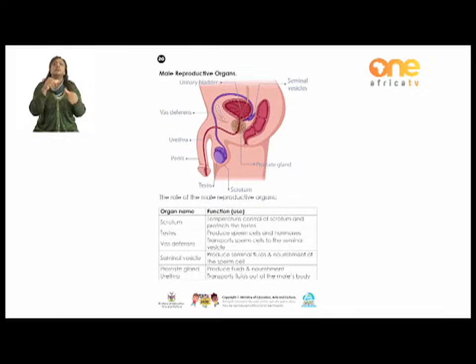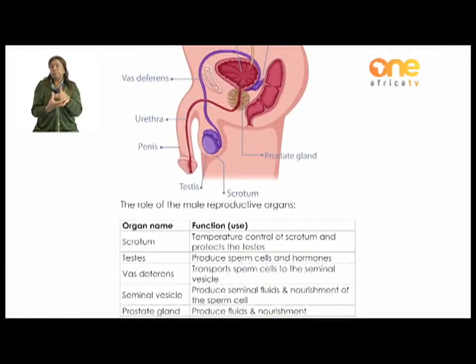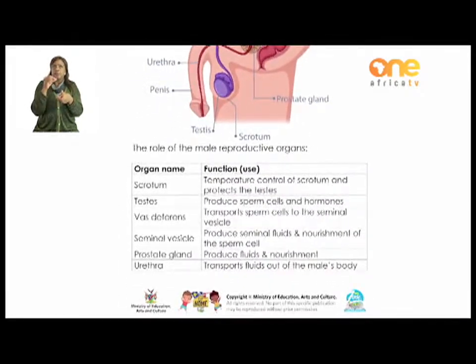Remember I said we start all the way from the bottom, at the scrotum, and inside the scrotum we have the testis, and from the testis there is a tube connecting called the vas deferens, and from the vas deferens we have the seminal vessel, and from the seminal vessel we go into the prostate gland, and from the prostate gland we have the urethra, which is housed by the penis. Please do not get confused with the urinary bladder. It is not part of the reproductive system.